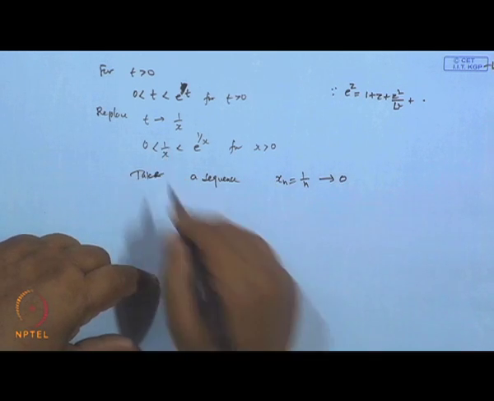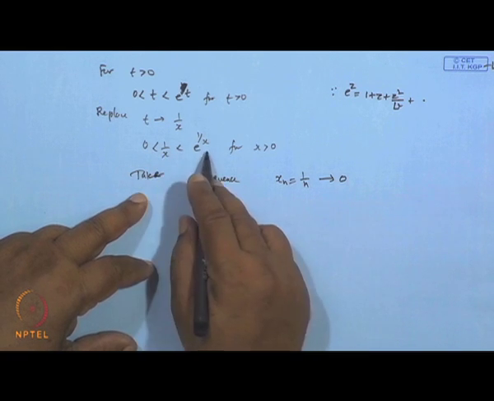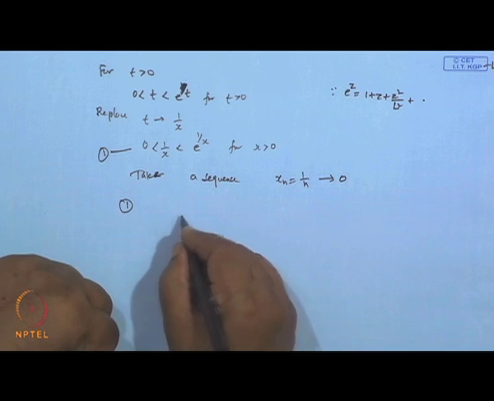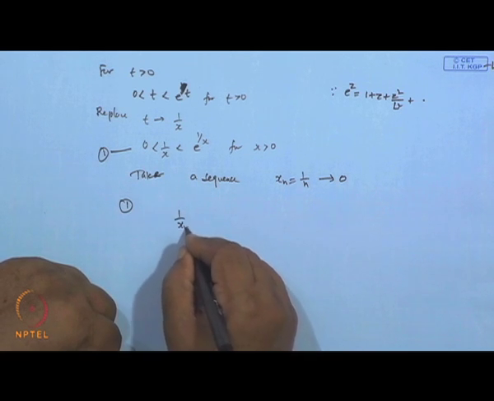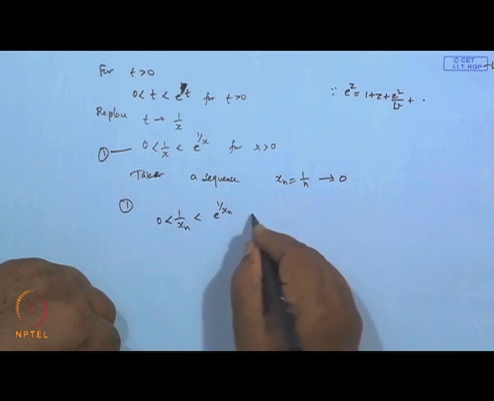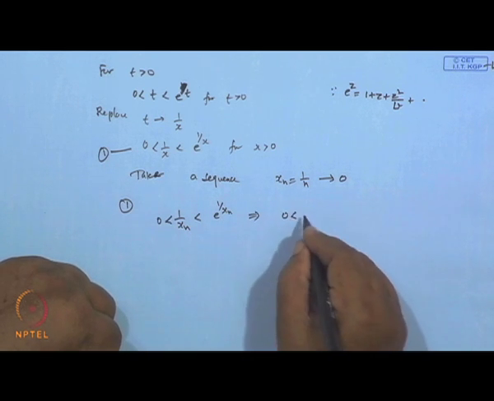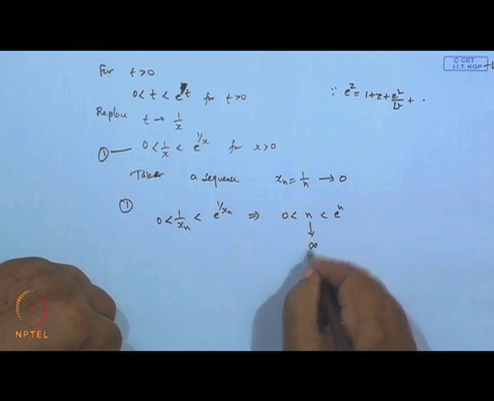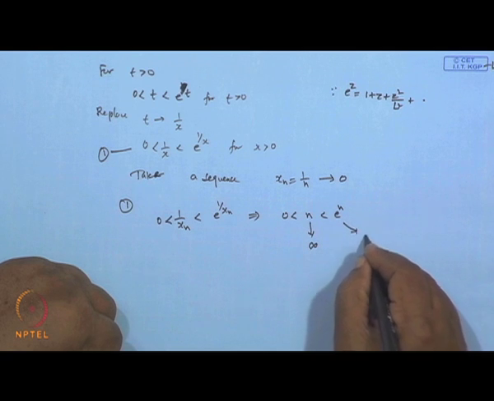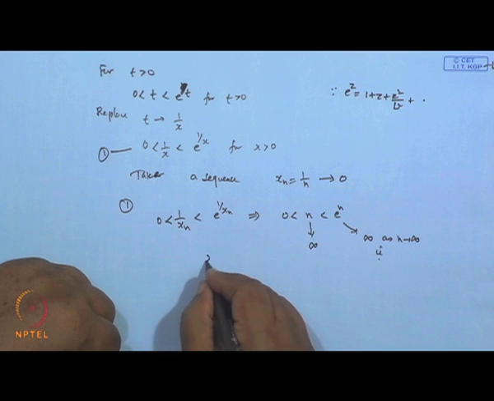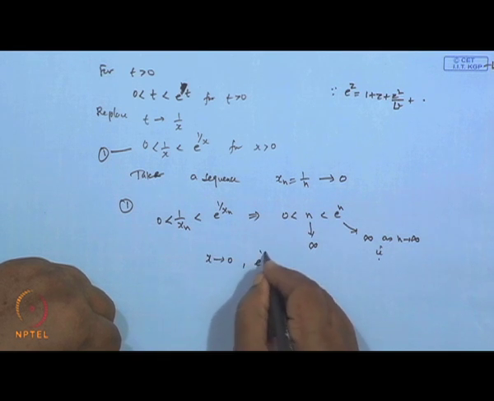What about this inequality? From equation 1, the corresponding sequence 1 by x n is less than e to the power 1 by x n, which implies that 0 less than n less than e to the power n, and since this tends to infinity, therefore this limit will go to infinity as n tends to infinity. That is, when x tends to 0, e to the power 1 by x will go to infinity.